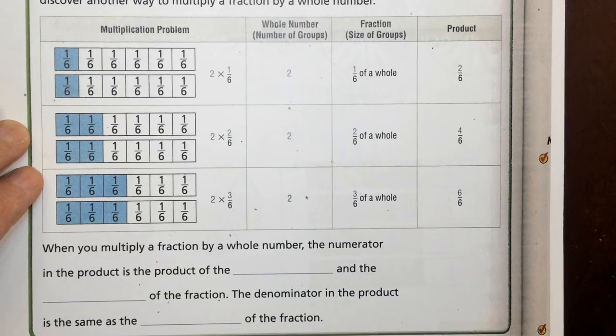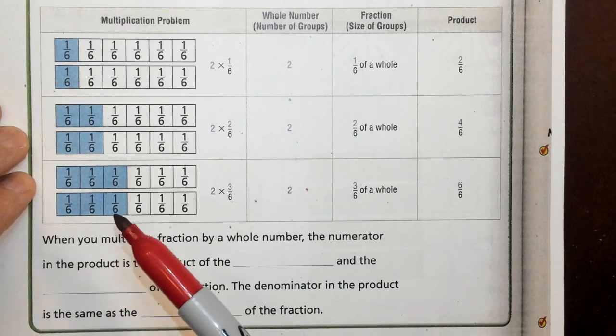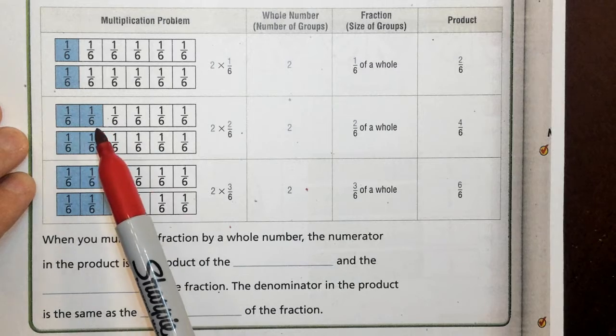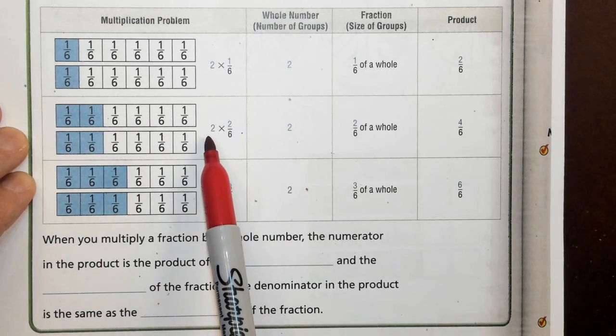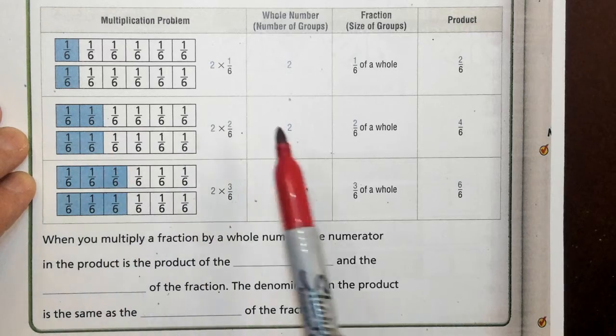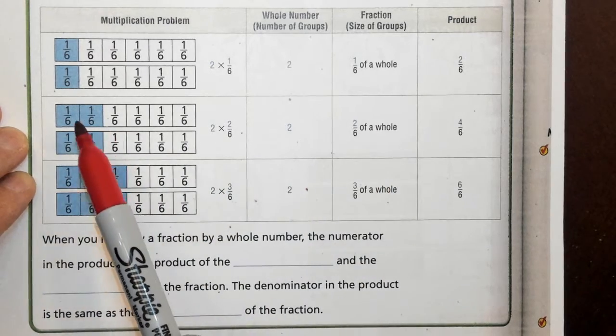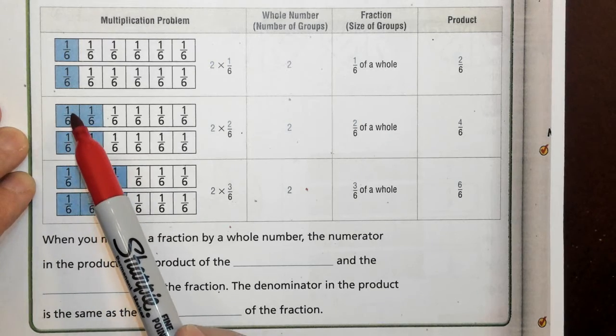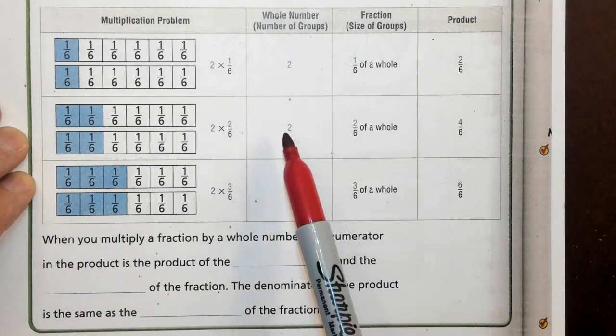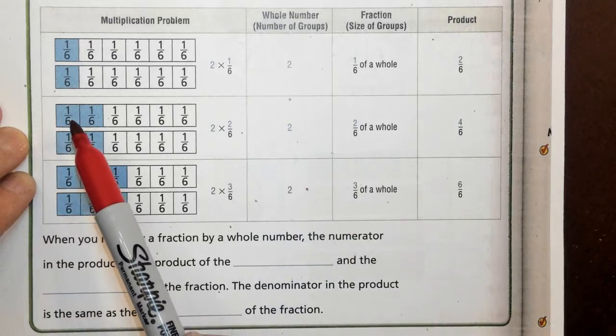You're probably saying to yourself or out loud, well, that's easy. Hope you are. Here we have 2 wholes again. We're multiplying the 2 wholes times our fraction. This time our fraction isn't 1/6 because we have 2 of them colored in each whole. So now this is 2/6. 2 times 2 is 4, and you can see we can count them.